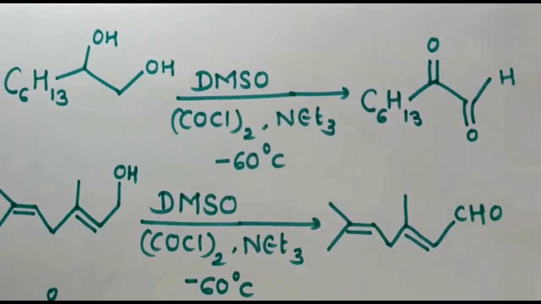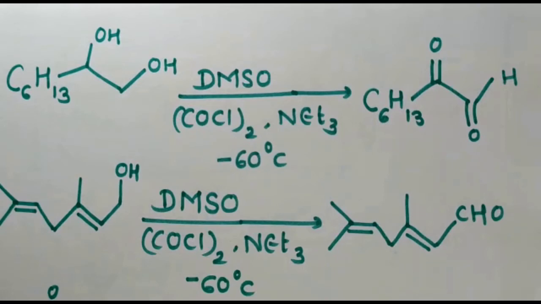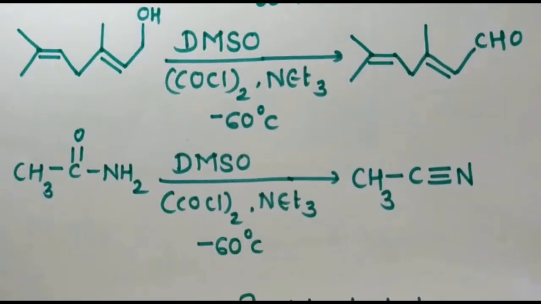Now in the second example, the allyl alcohol is present, and there will be no isomerization of the double bond. Simply the alcohol gets oxidized to the aldehyde. The temperature is minus 60 degrees Celsius. In the third example, the amide group is present. So the amide group gets oxidized to the nitrile group.